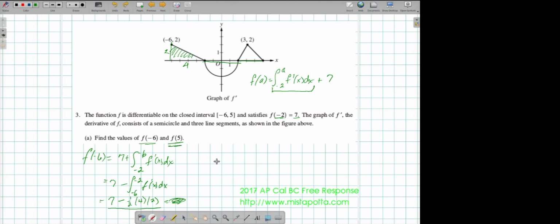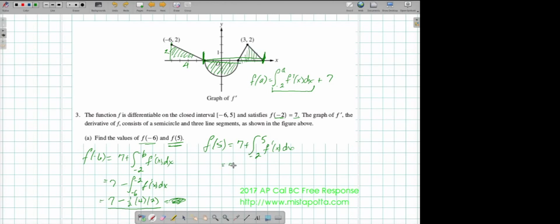Similarly, if I want to evaluate f of 5, I'm just going to take 7 plus the integral from negative 2 to 5 of f prime of x dx. And because I'm going from negative 2 to 5, I'm going from here all the way to here, which means I have a negative area down here, this semicircle, but I also have this positive area, this triangle.